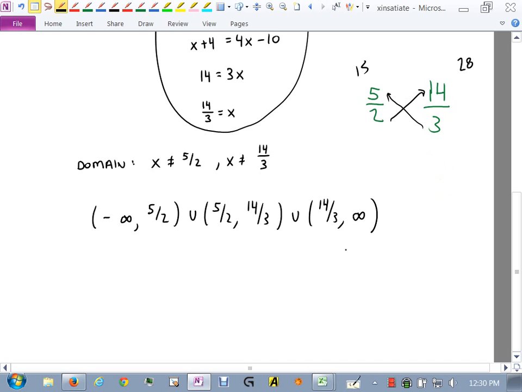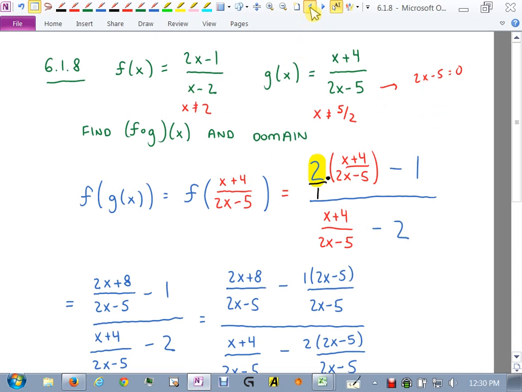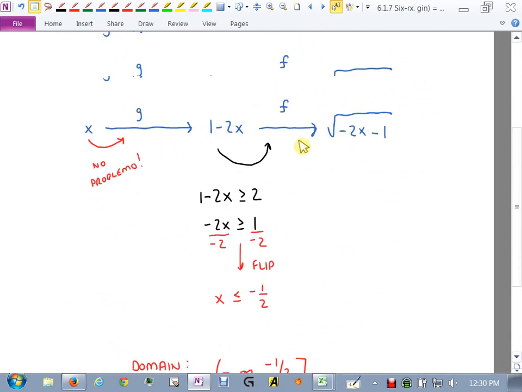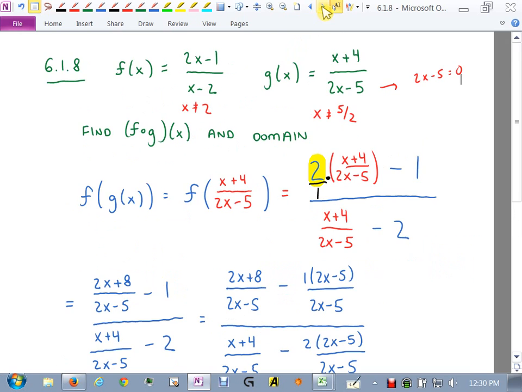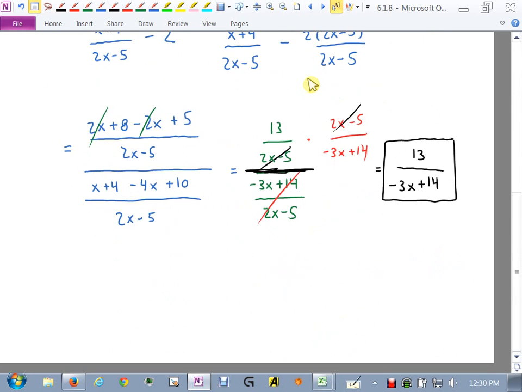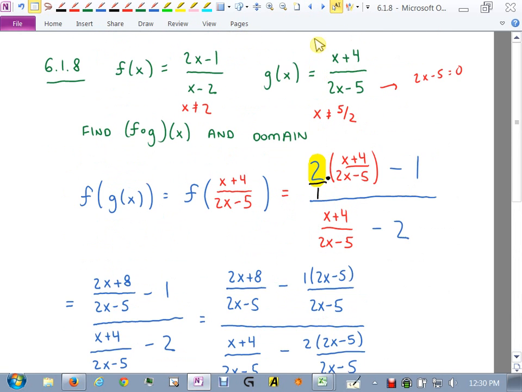But what if, like, the other one that we did, it was 2 and 5 halves, and we put 2 first? It was 2 and 5 on this one? No, the other one. Which example?